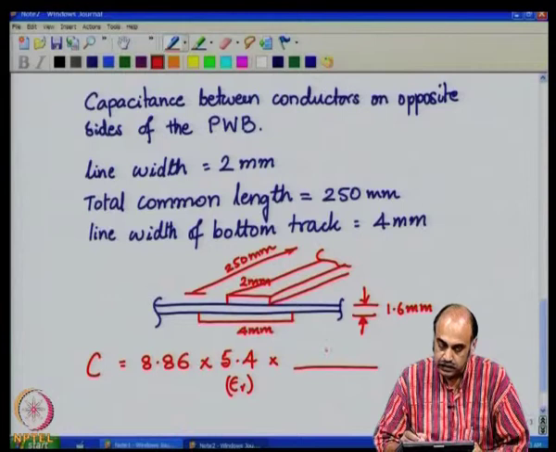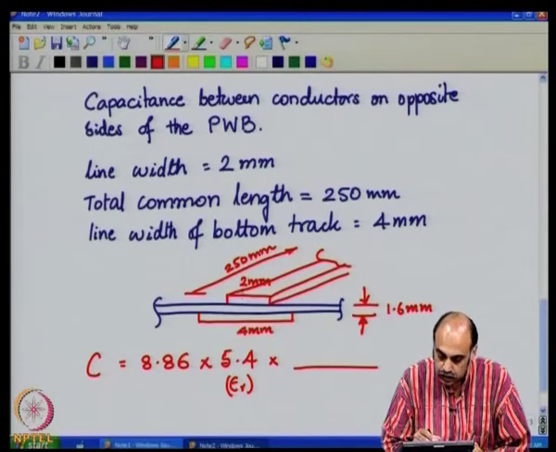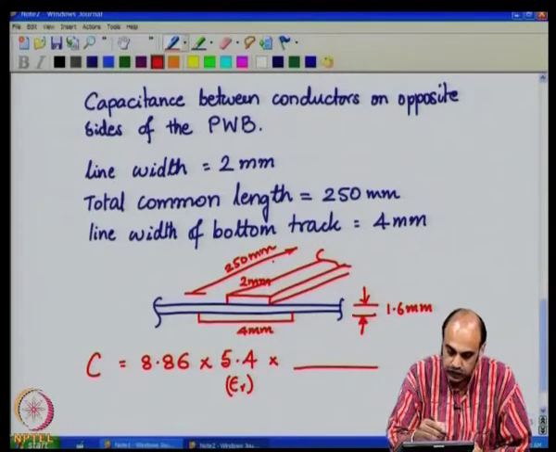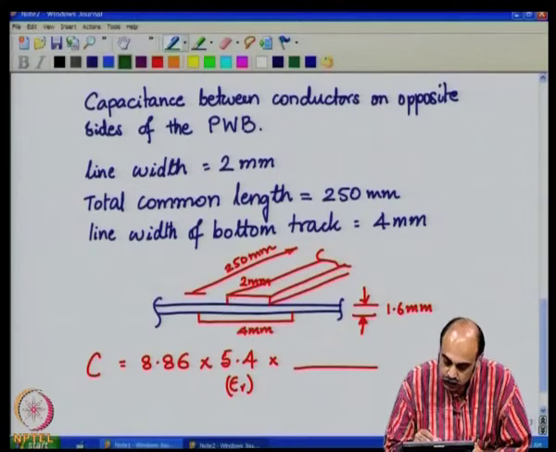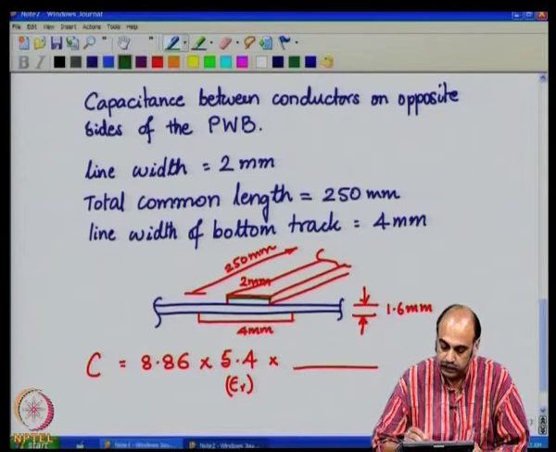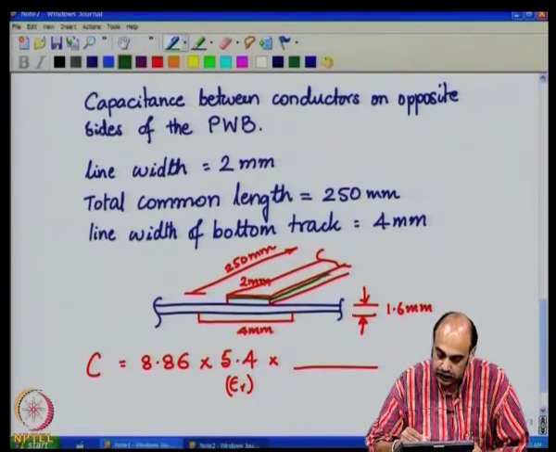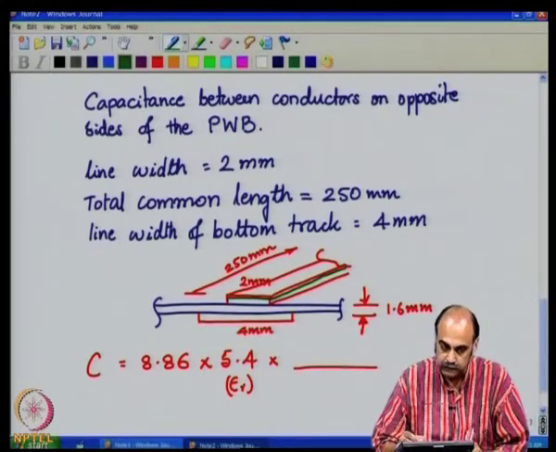Now, the area is nothing but, this is the smaller of the two tracks, having a track width of 2 mm and the length of 250 mm on the side.